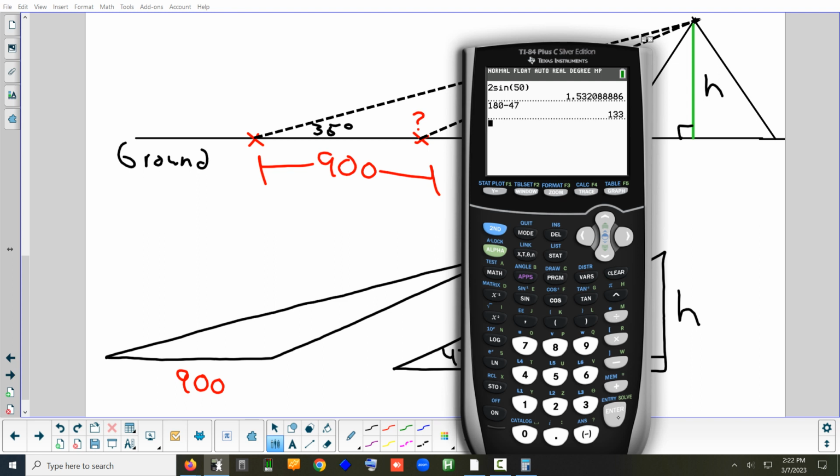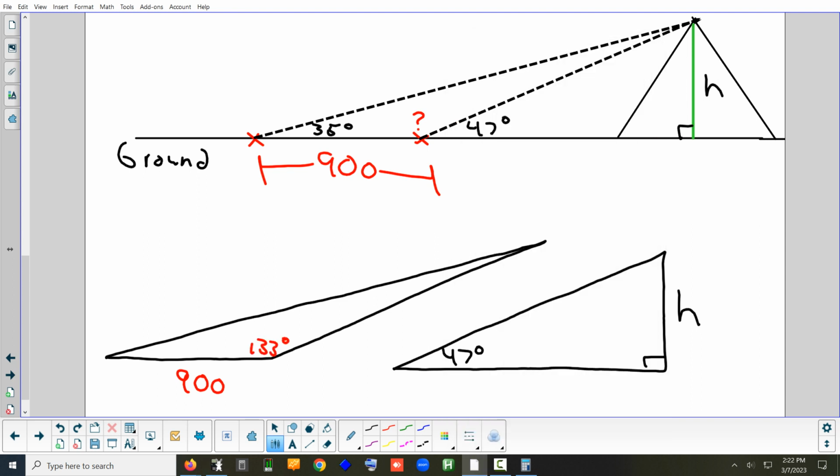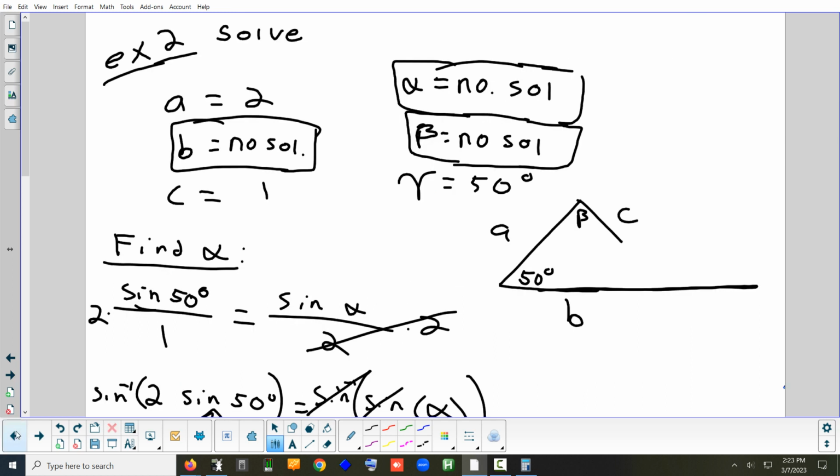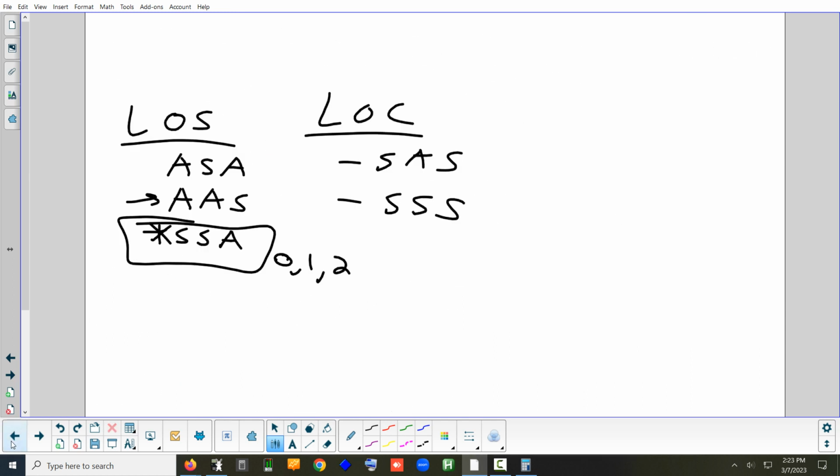Okay, so that's 133. Okay, is there anything else I know in this triangle on the left? 35 degrees. Yep, I know the 35 degrees. Now we've got some information. Angle, side, angle. ASA. So now we have a triangle that we can figure out something.